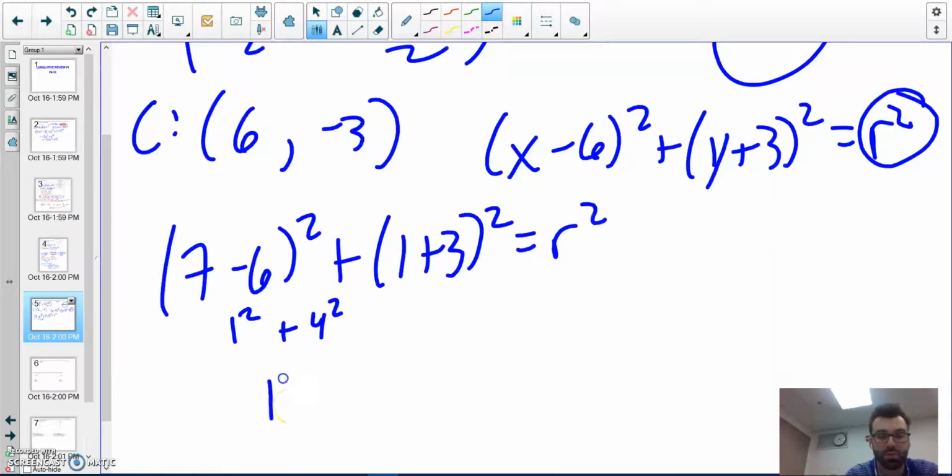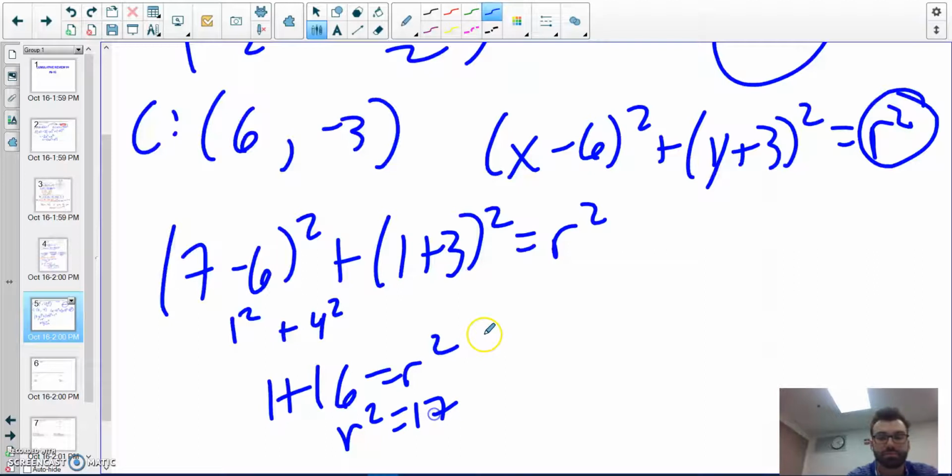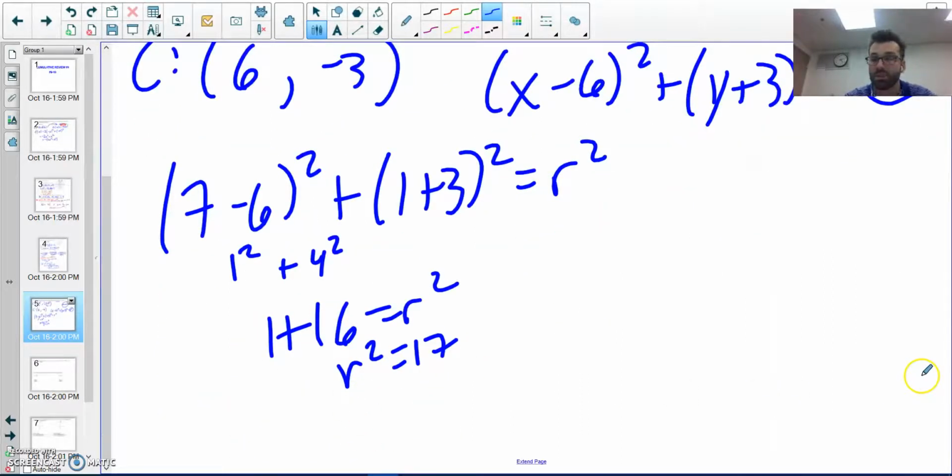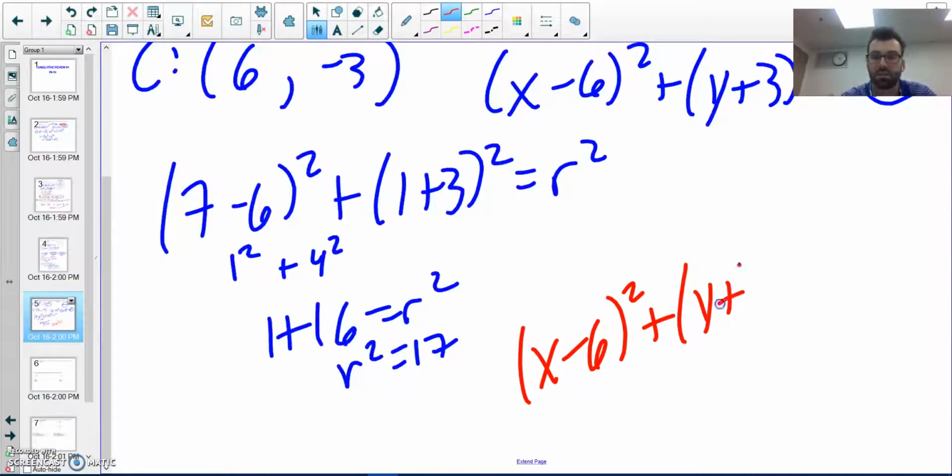So that's 1 plus 16 equals r squared. So r squared is 17. Now don't make that unnecessary step of finding the square root. They'll just give you r, and then when you have your equation, you want r squared, so I might as well just leave it. So my final answer is x minus 6 squared plus y plus 3 squared equals 17.